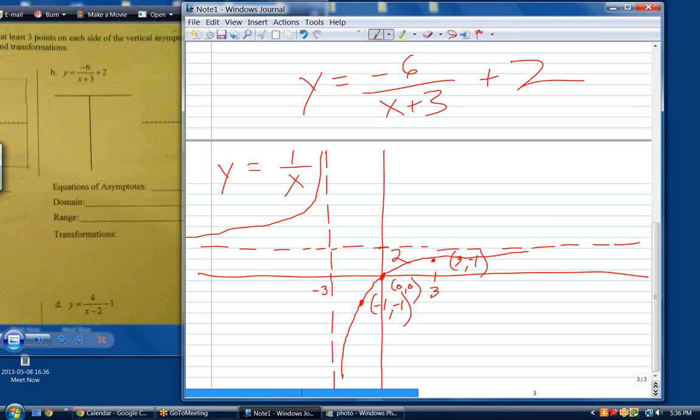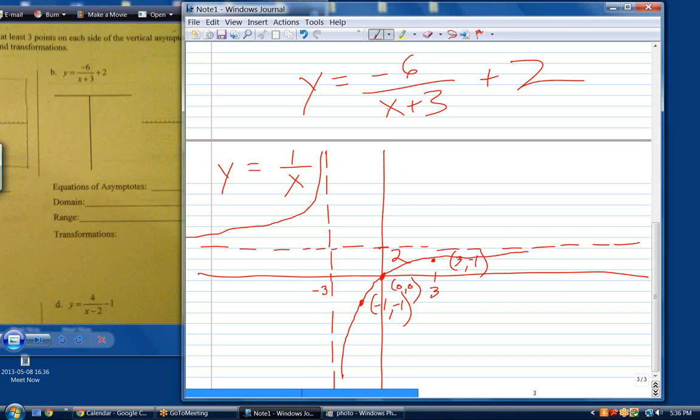How about 3 points to the left? I could do -4 or -5. Yeah, that's fine, -4. It doesn't really matter whether it involves fractions at this point or not, because we know what the curve looks like.